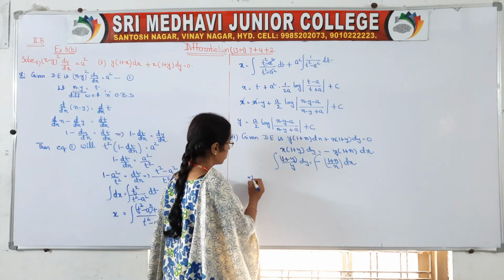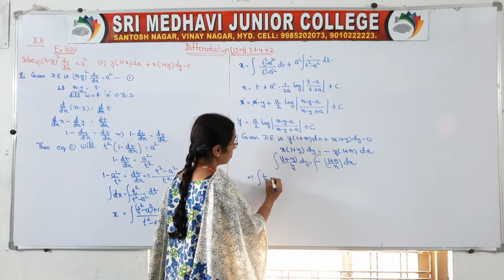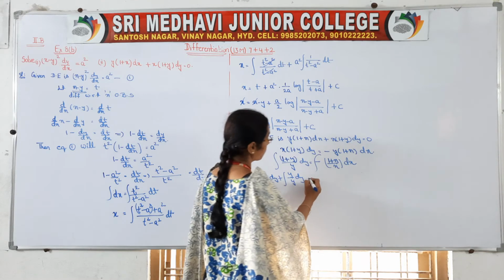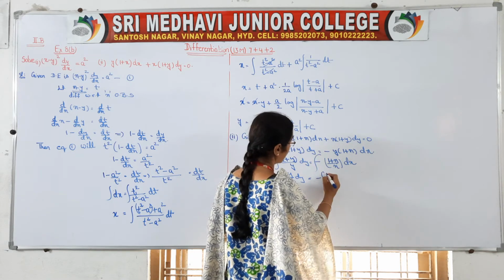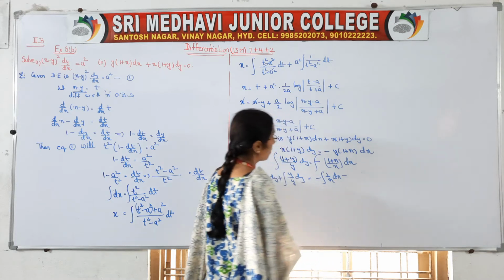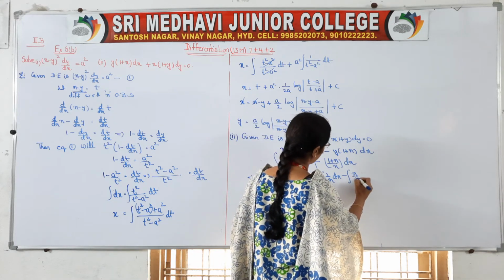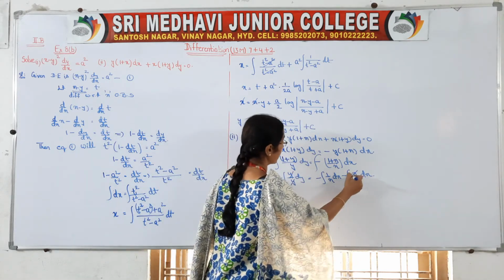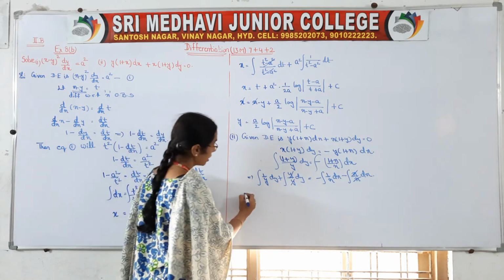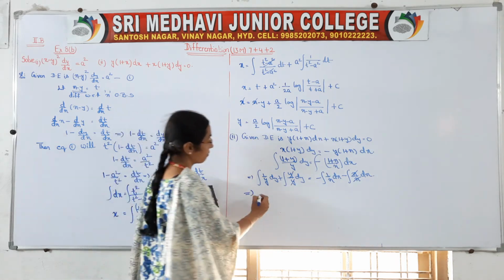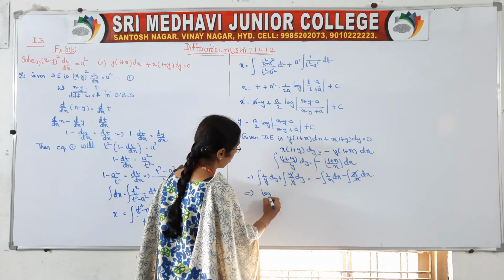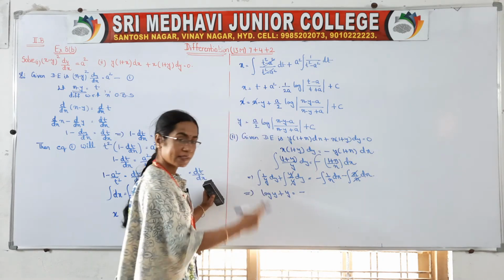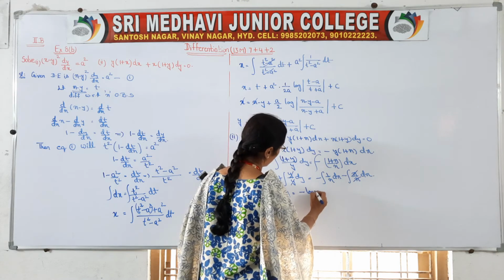So the integral of 1/y dy plus the integral of y/y dy is equal to minus the integral of 1/x dx minus the integral of x/x dx. y gets cancelled, x also gets cancelled. So the integral of 1/y dy is nothing but log y, and the integral of dy is y, is equal to minus the integral of 1/x dx, which is log x.